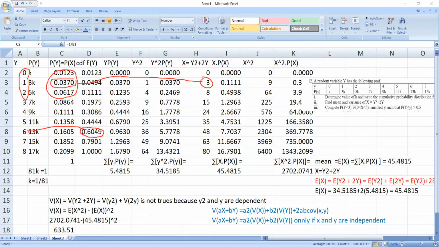All the probabilities are again directly given there. Okay, so we'll move to the next practicals.